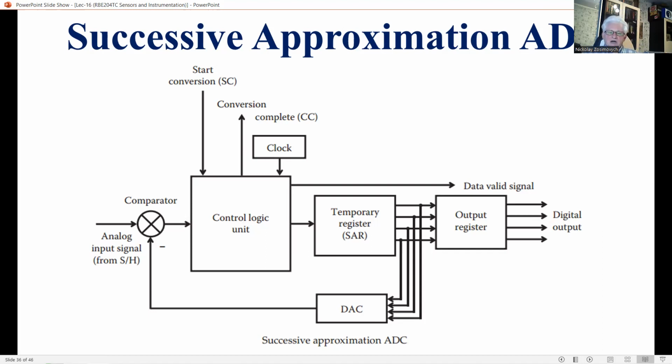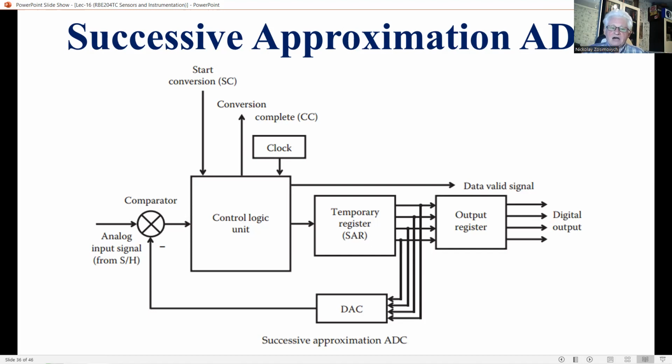A schematic diagram for a successive approximation ADC is shown in this slide. You should notice the DAC is an integral component of this ADC. The sampled analog signal is applied to a comparator, like a differential amplifier.